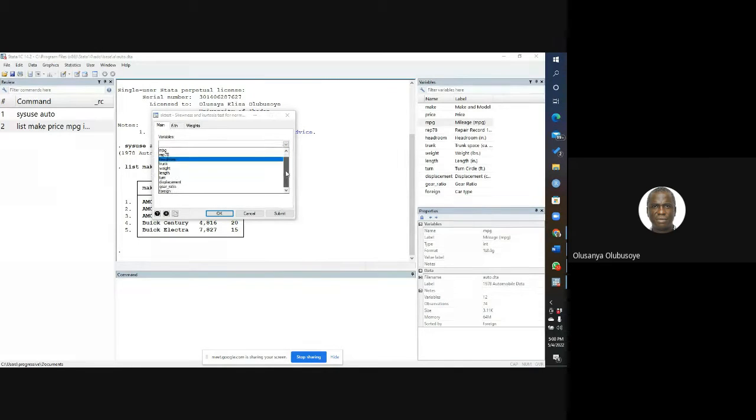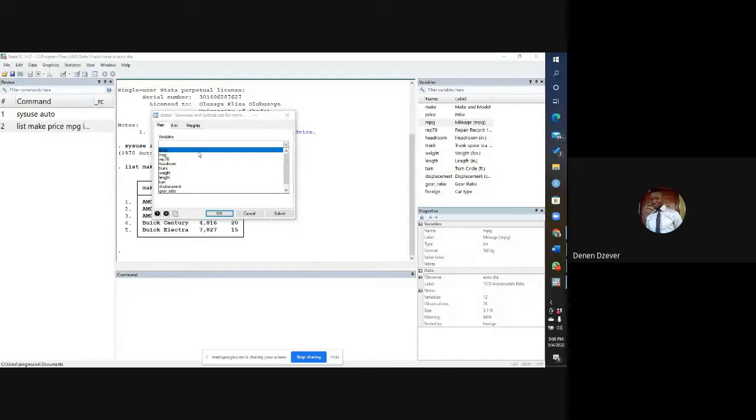As it is, you can even see that in the skewness and kurtosis test for normality dialog box, it has on its own removed that variable make. It has removed it completely. So even if you want to choose it by error, you will not even see it.